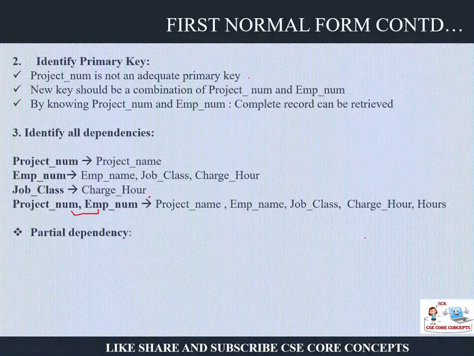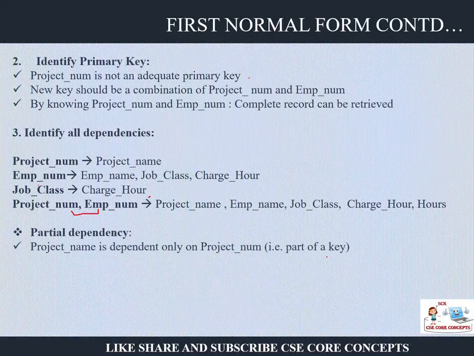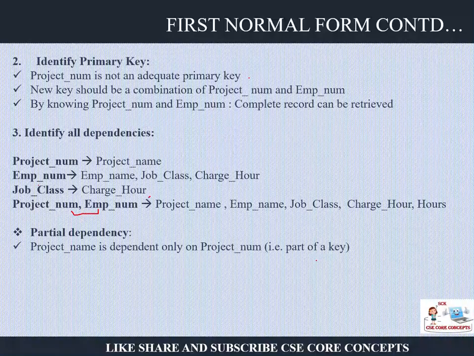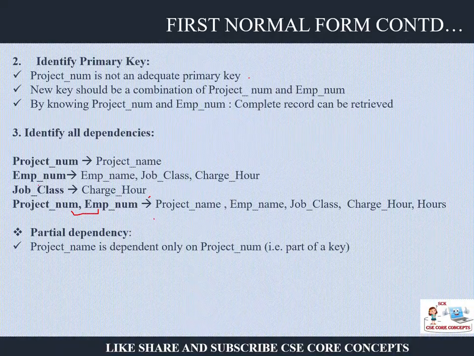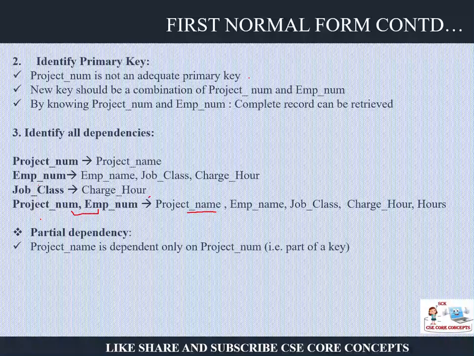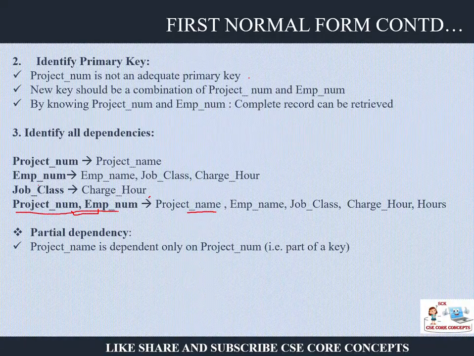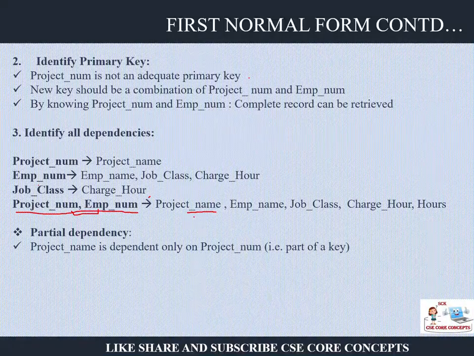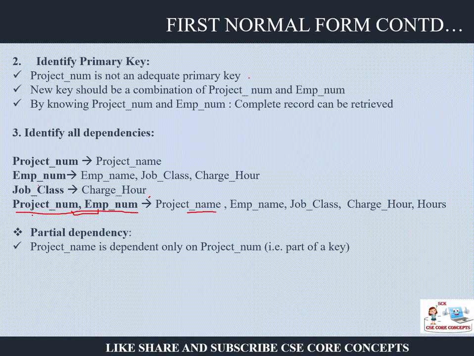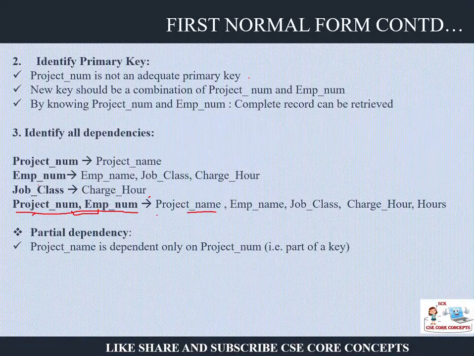So here there is a concept called partial dependency. What is a partial dependency? It means the project name here, in this case, if you are keeping the project number and employee number as the key, and these are all the details, is only dependent on the project number. It is not dependent on the employee number. So this is a part of the key, not the complete key.